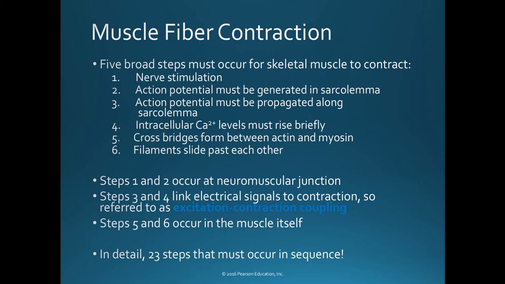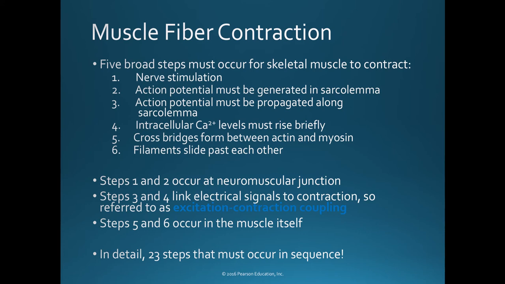So it starts with nerve stimulation. Skeletal muscle is voluntary, so it does have to get a little stimulus from the nervous system. We then have to generate an action potential along the sarcolemma, the muscle membrane. That action potential must propagate along the muscle membrane down deep into the muscle fiber itself through the T-tubules.